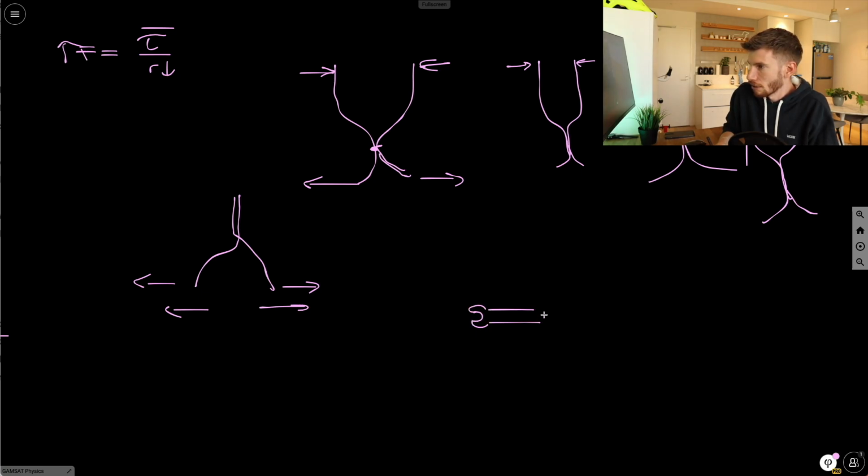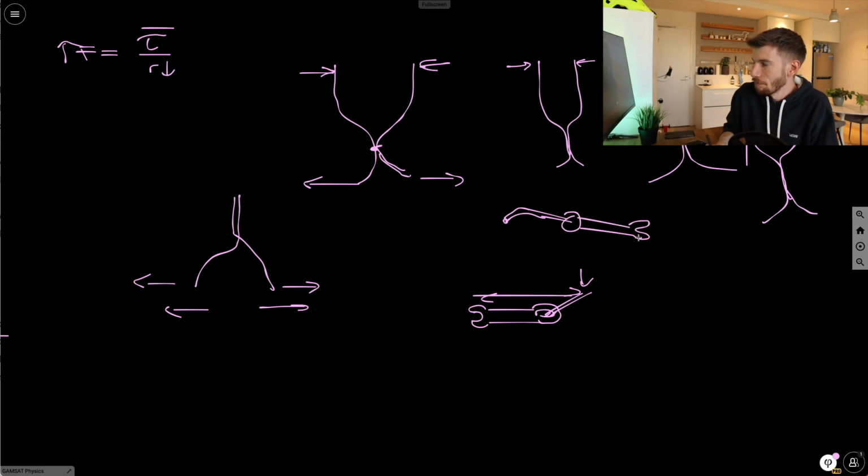I'll try to draw that out like this. Use the old trick of putting an Allen key through the handle to extend the effective radius, and then press down, and you can get greater torque through it. Or I should say the other way around, if you're using an Allen key like this, you can put the end of a spanner over it and hook it over, and then effectively increase the perpendicular radius.